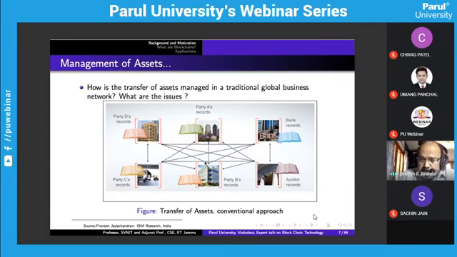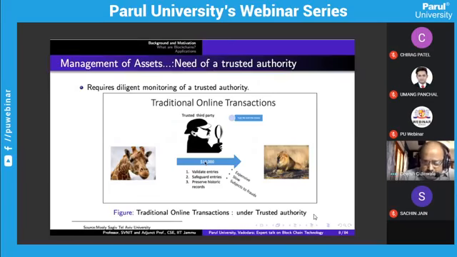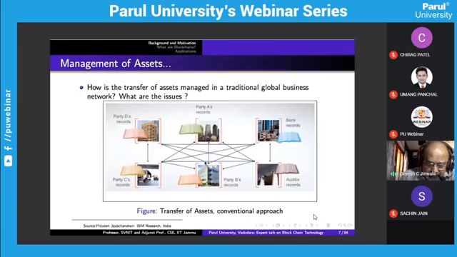So it's a fully connected graph, a complete clique, and therefore the issues which come up are basically because none of these parties, A, B, C, D, or the bank or auditor, would have an implicit trust in each other.